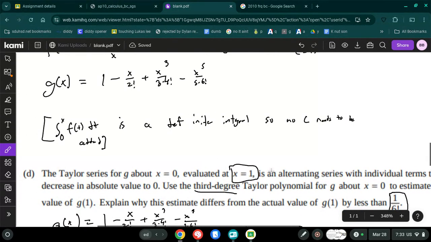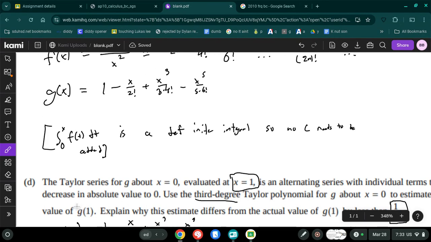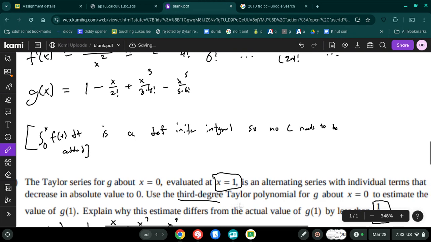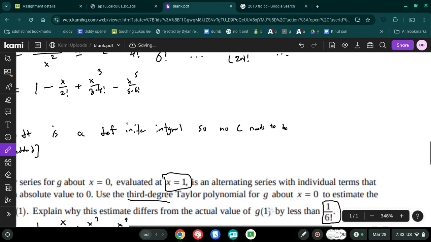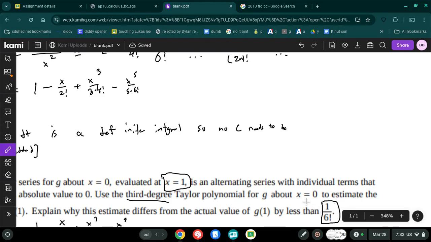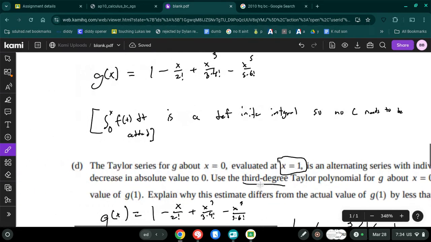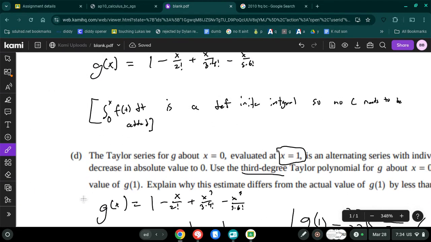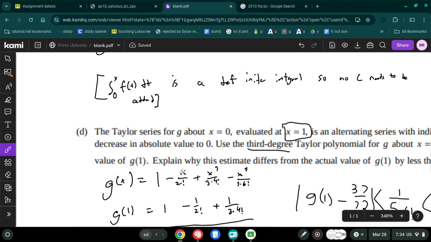To estimate the value of g sub 1, I need to know that it's being evaluated at x equals 1, and estimate, and explain why this estimate differs from the actual value of g sub 1 by less than 1 over 6 factorial. Okay, so I'll get there. What I did originally is I wrote g sub x is equal to my expression again, just to make sure I don't mess anything up, and then I evaluated it at x equals 1.